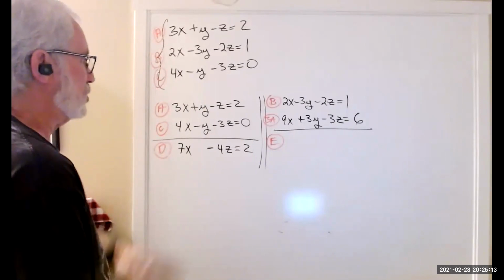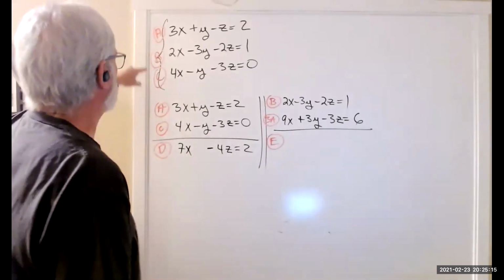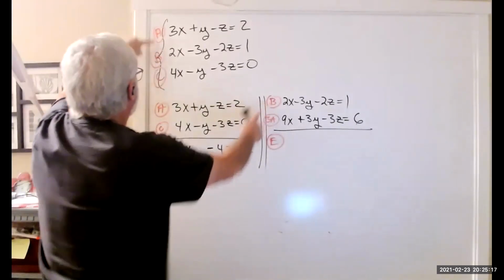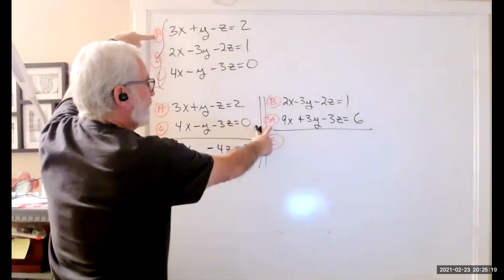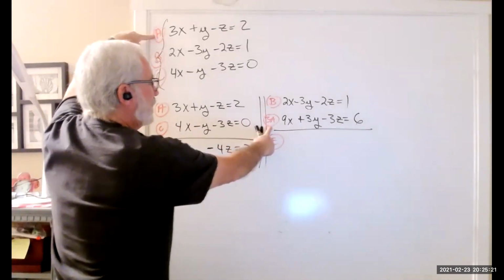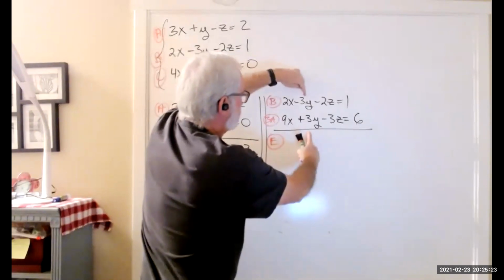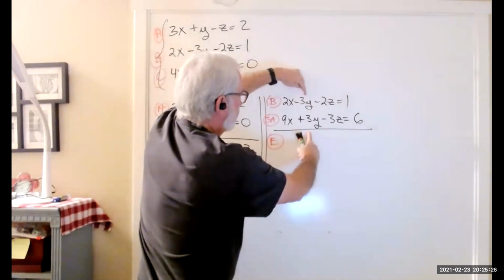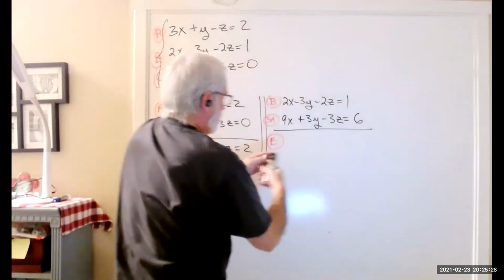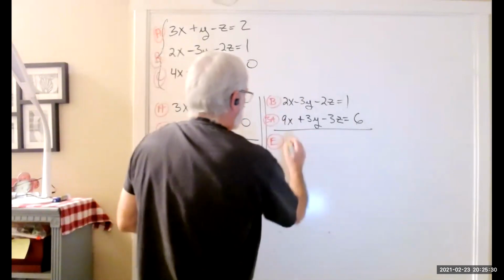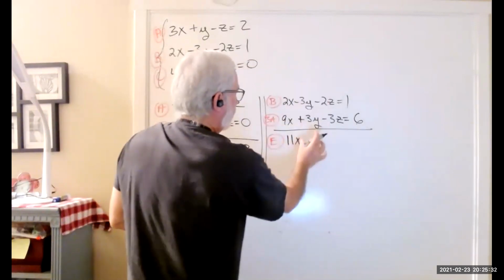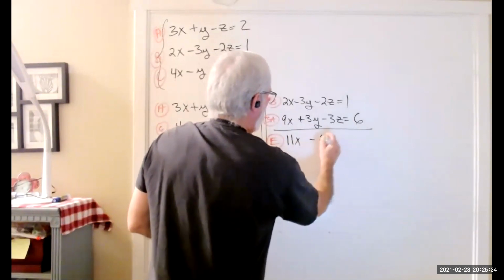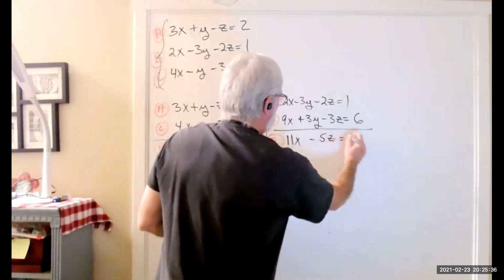Okay. So I have equation B, and I have 3 times equation A. And now I can see that if I add these two together, the y's will drop out. So I have 11x, my y's drop out, minus 5z equals 7.